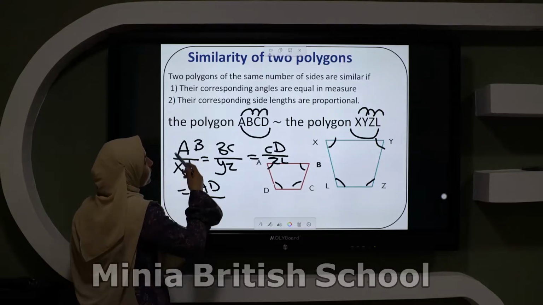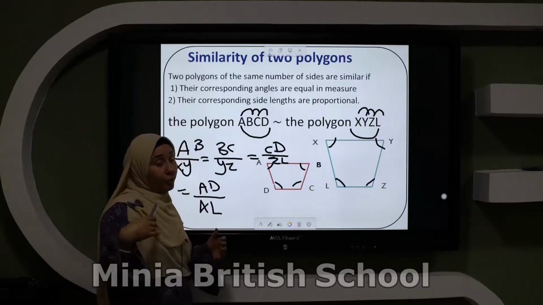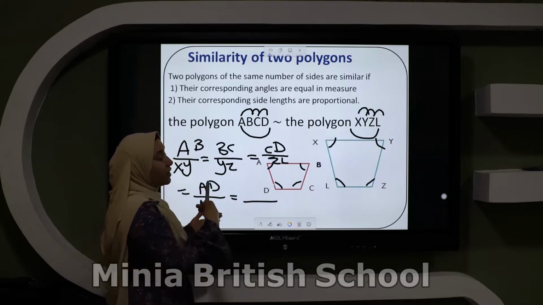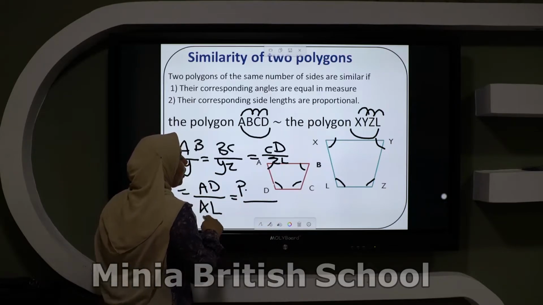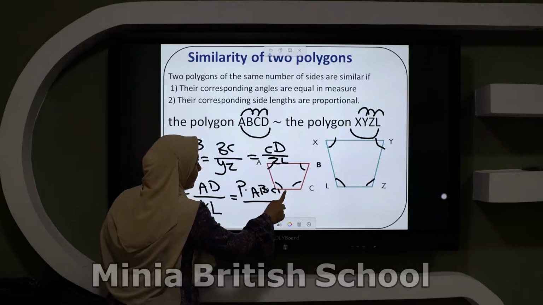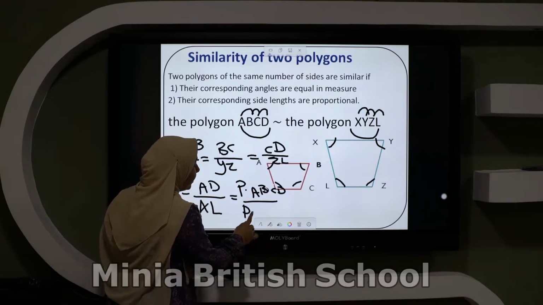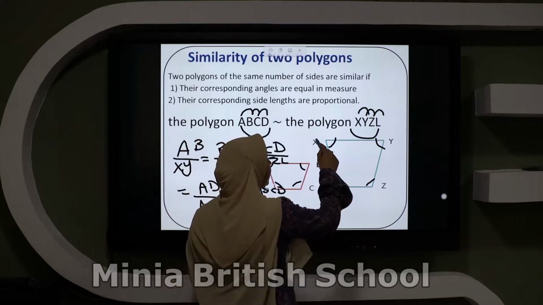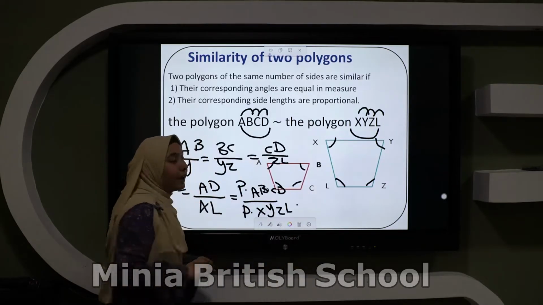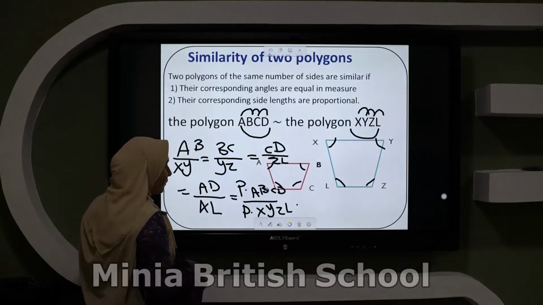That's the meaning of corresponding side lengths being proportional. Also equal the perimeter of the first figure, the perimeter of the polygon ABCD, over the perimeter of the figure XYZL, okay?